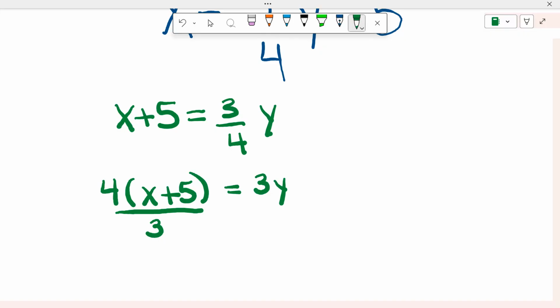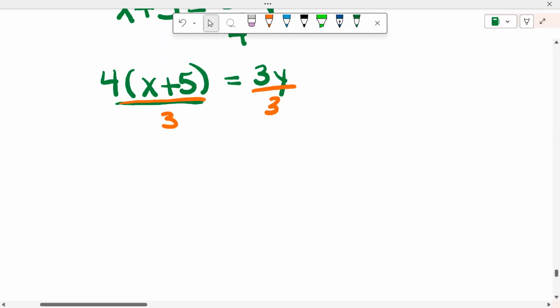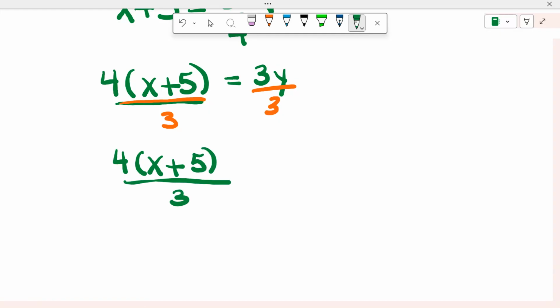And then, so divide both sides by 3. So we have 4. And like I said, if you rather leave that as a 4x plus 20, that's fine. I like leaving it in factored form, but all equivalent.